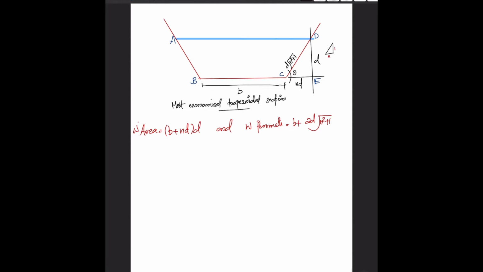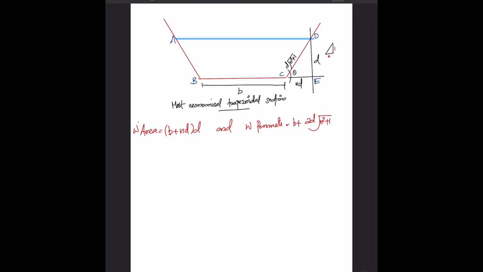So before starting the derivation, please keep these two equations in your mind. Actually, we made these equations during our lecture hours. Wetted area A is (b plus nd) into d and wetted perimeter P is b plus 2d into root of n square plus 1. You can use this equation or you can use the equation for area of a trapezoidal section, and that is the base width plus top width by 2 into depth.